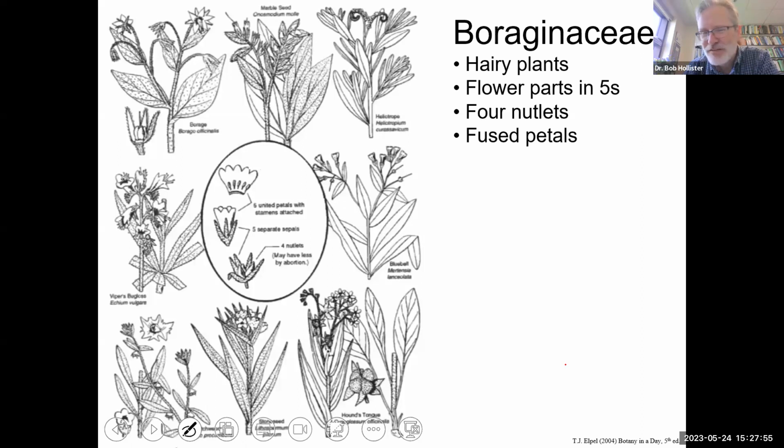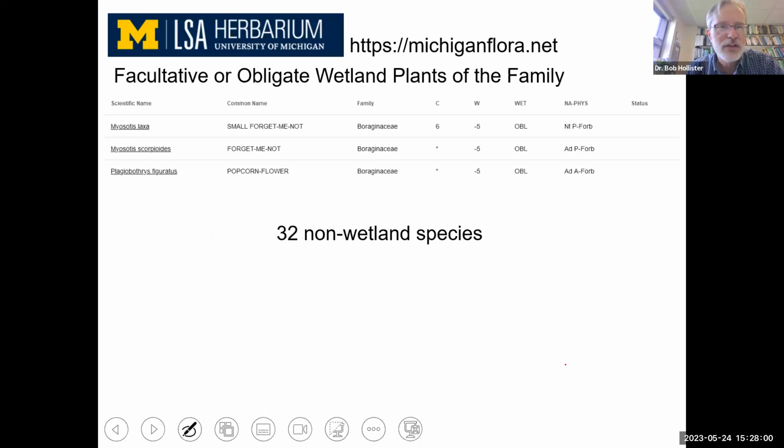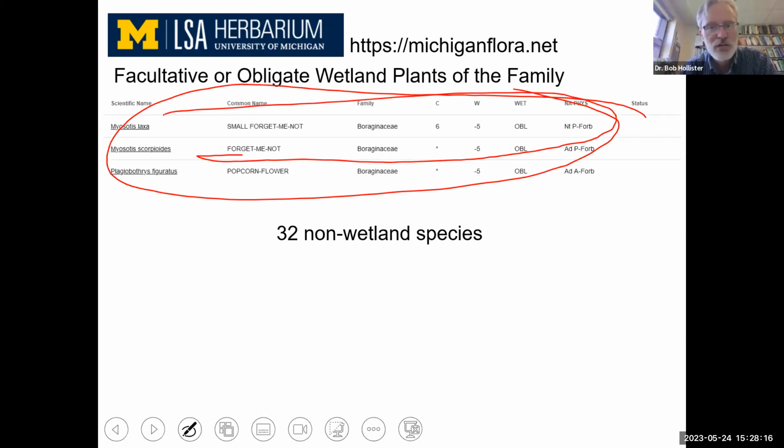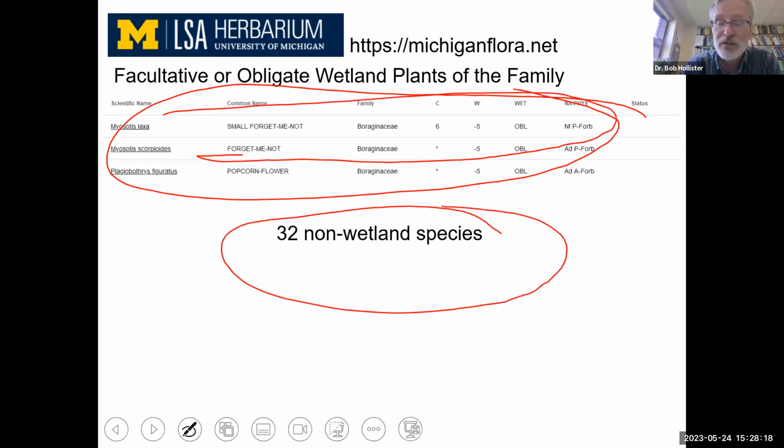There aren't that many fuzzy-leaved plants, so it's probably this family if it's fuzzy. And there's only a couple, just a few of them that are wetland, but the forget-me-nots are just so cute. And then there's a bunch of other non-wetland plants within this family.